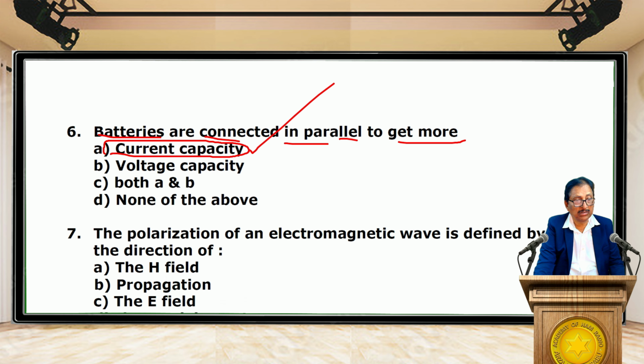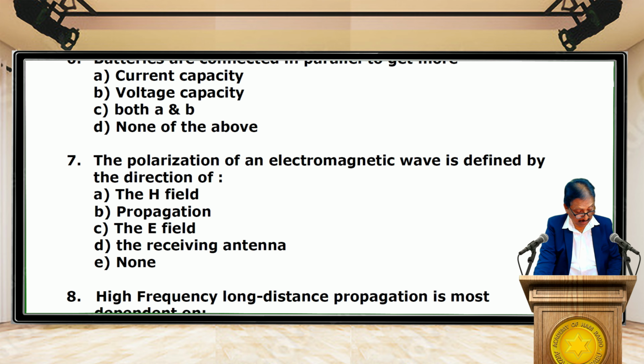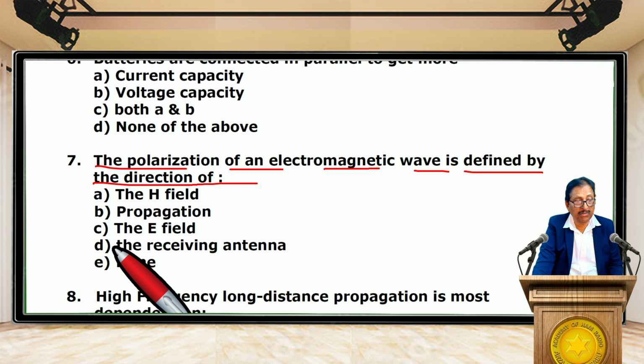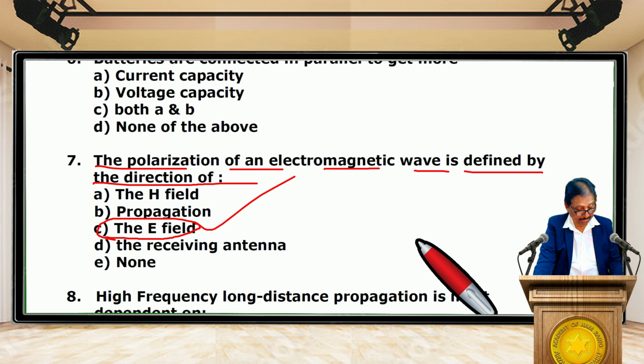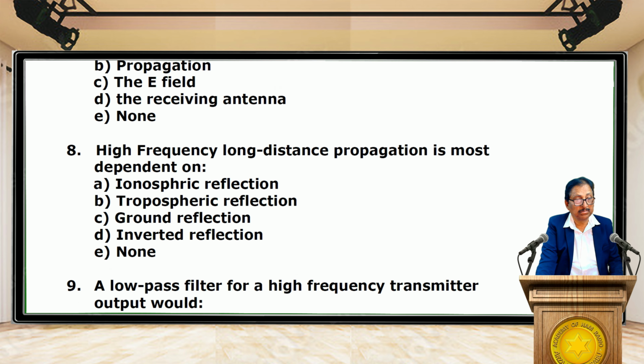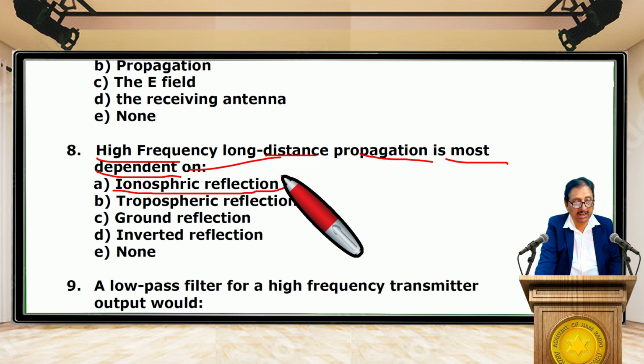Next, the polarization of an electromagnetic wave is defined by the direction of the E field. Charlie is the option. High frequency long distance propagation is most dependent on ionospheric reflection. Alpha is the right answer.